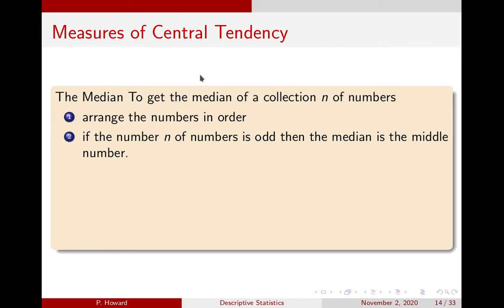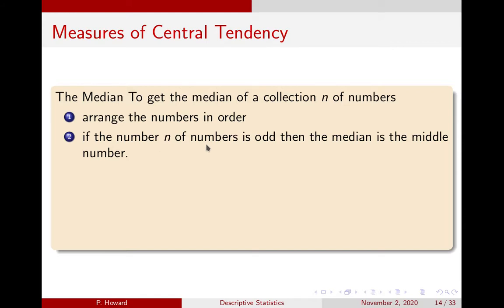Okay, and here's the precise description of the median. The example might be more understandable. To get the median of a collection of numbers, you arrange the numbers in order. We're using little n now for the number of data numbers you have.